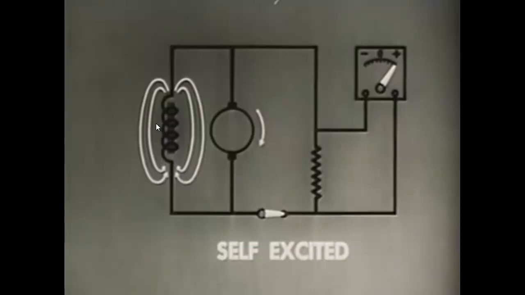I think most car alternators are rated around about 70 amperes, some of them a little bit higher, at something like about 30 volts, I think, from memory, and it's regulated. I can't quite remember exactly, but anyway, the point of this video is self-excitation.